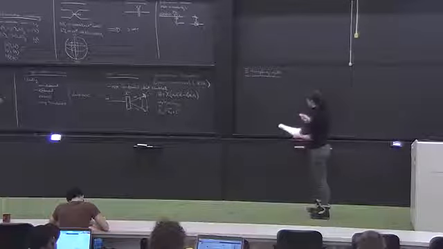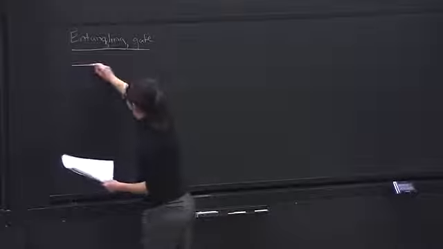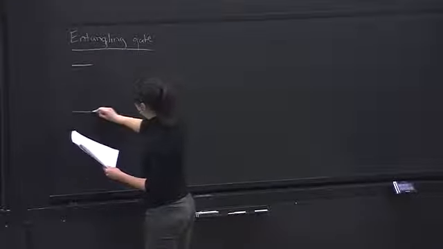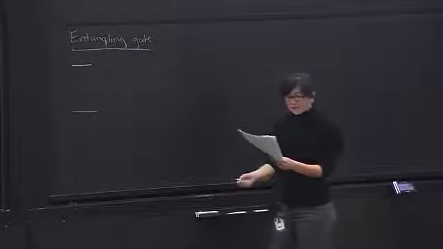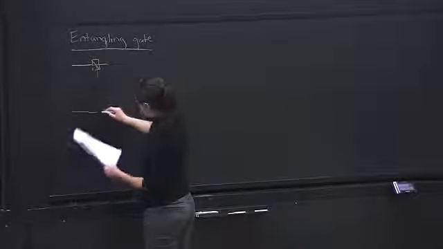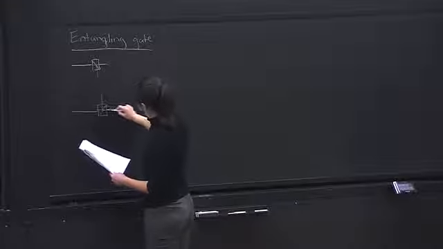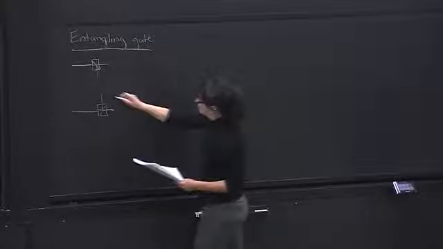Okay, so if we want to do an entangling gate, let's say we have our 2 polarization encoded qubits. We're going to split them up into path encoded qubits.